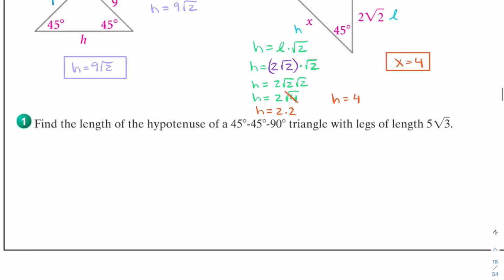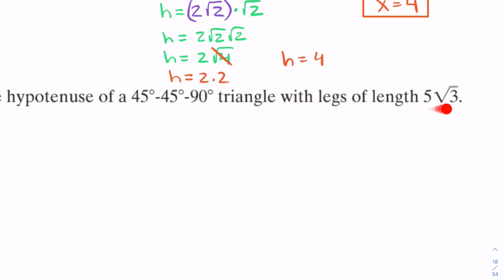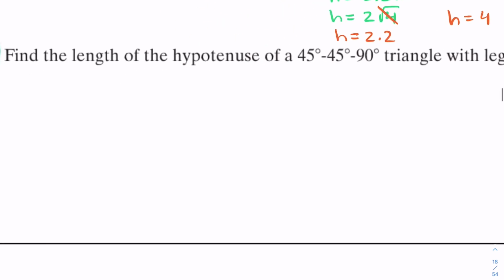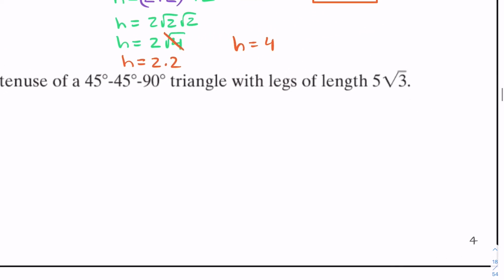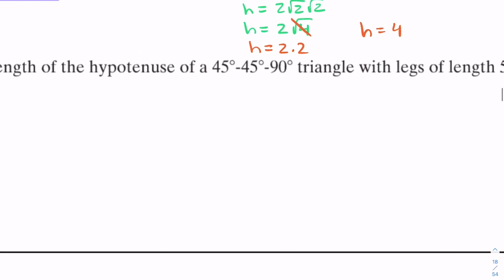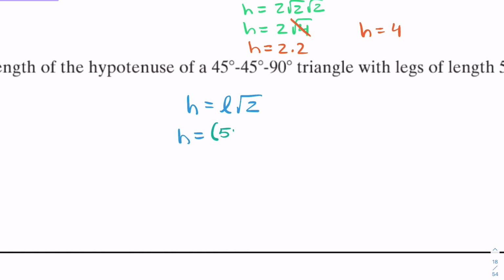All right, here we're going to have to rationalize because they think we're involving a radical. Oh no, the leg has a length of that. Okay, so here we have a leg. This is a leg. So it's a 45, 45, 90. So h is equal to the leg times the square root of 2. They're both a short and long leg, so it doesn't matter. So h is equal to 5 square root of 3 times the square root of 2.